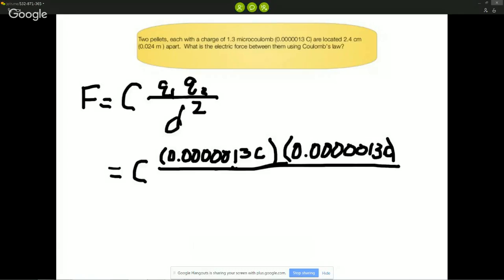All right, now what we've got to do on the bottom, we're going to plug in the distance, right? That distance right there. So it's going to be 0.024 meters. But what's really important here, and I'm even going to use a big, huge red right there so you'll remember, you've got to square that distance.